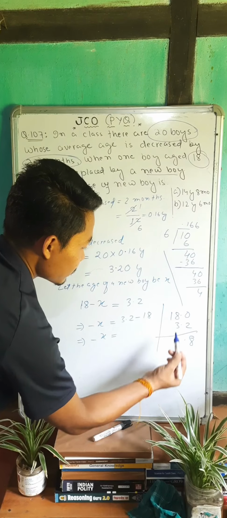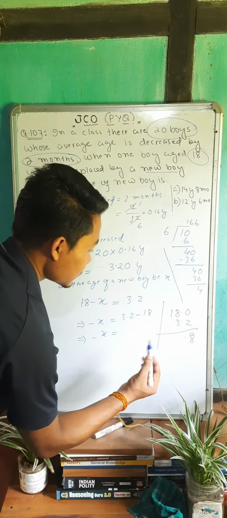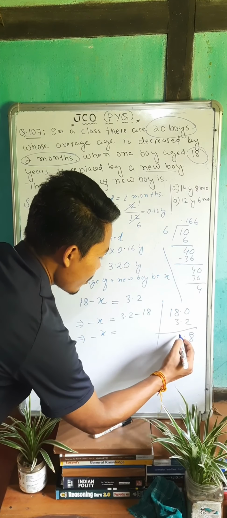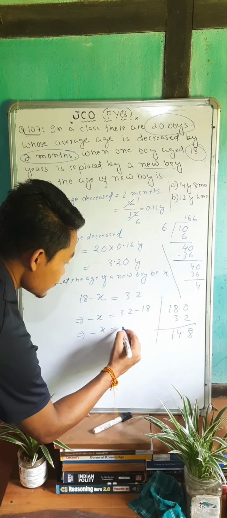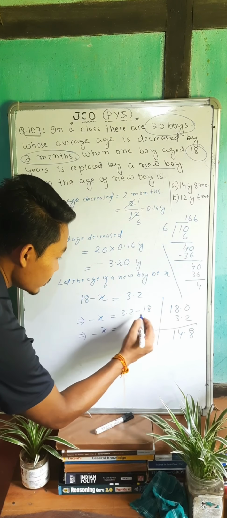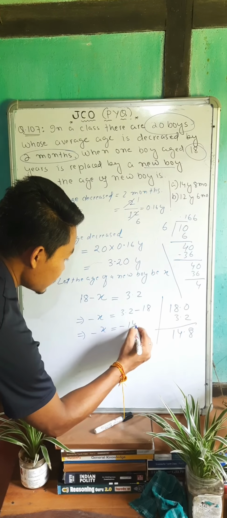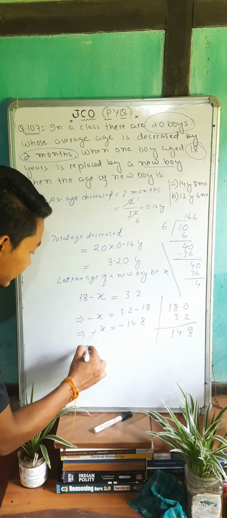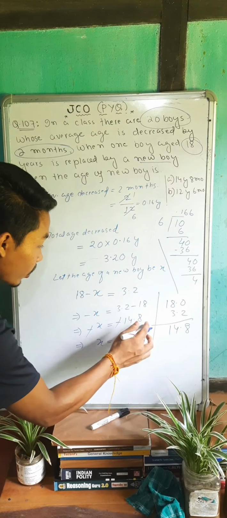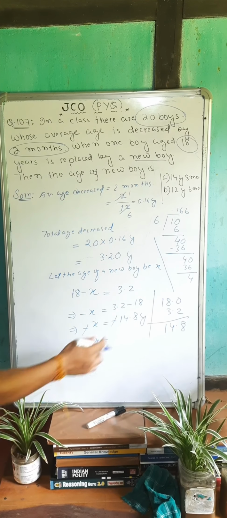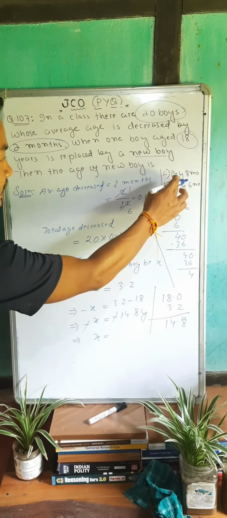Then from 7, if we subtract 3, we will get 4, then here is 1, which will give us, as 18 is greater than 3.2, minus 14.8. So minus minus cancel, which will give us X equal to 14.8 years, which means 14 years 8 months.